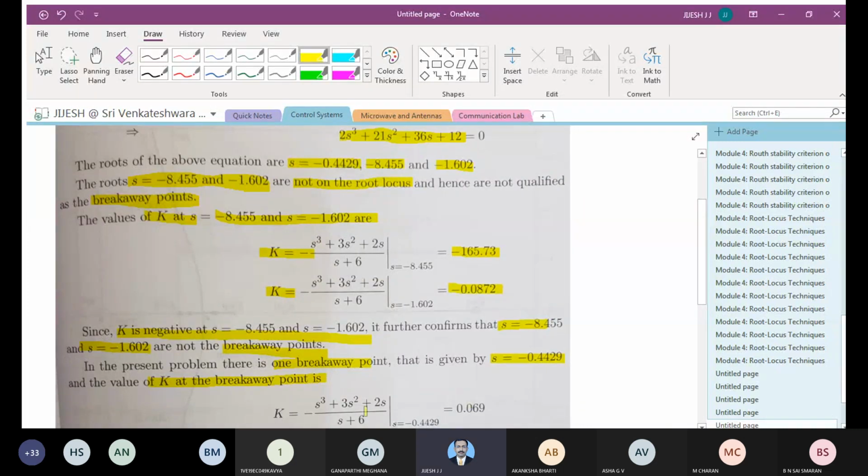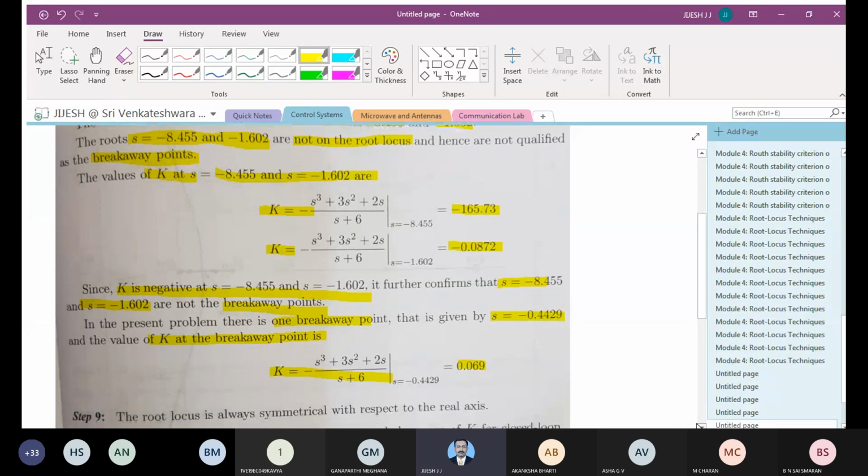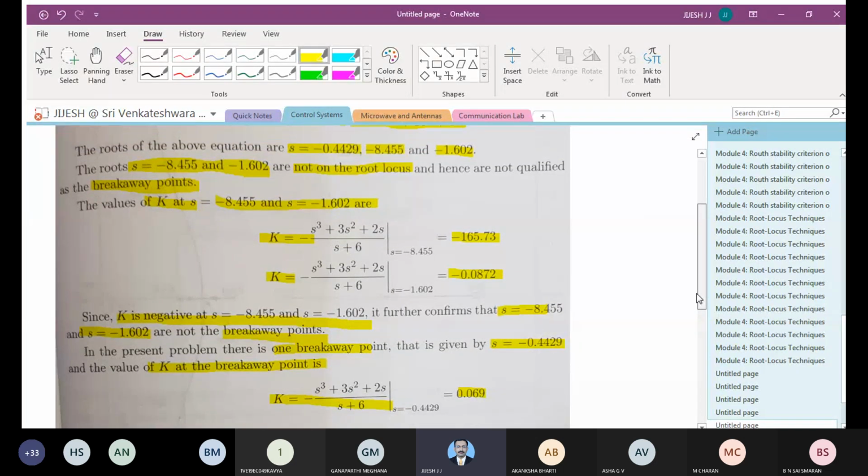That will come close to 0.069. So it's a positive value. So which states that the one breakaway point is s is equal to minus 0.4429.